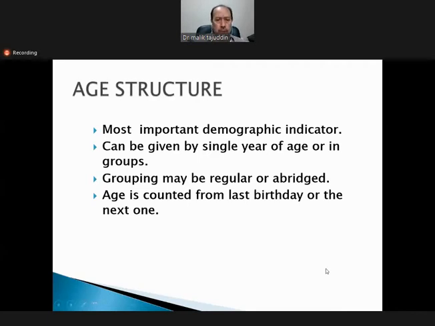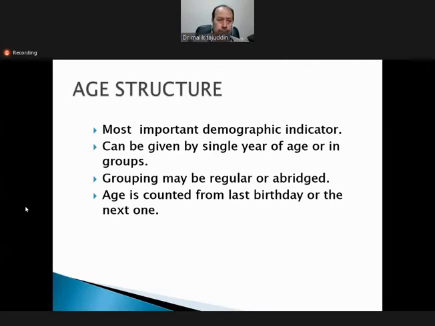So grouping may be regular, or averaged in smaller groups or larger groups, or in some structured or uniform groups. Then age is counted from the last birthday to the next one. So the difference between the last and the next birthday is naturally 1 year. Age may be counted in years from the birthday, and it may be grouped into different age groups.